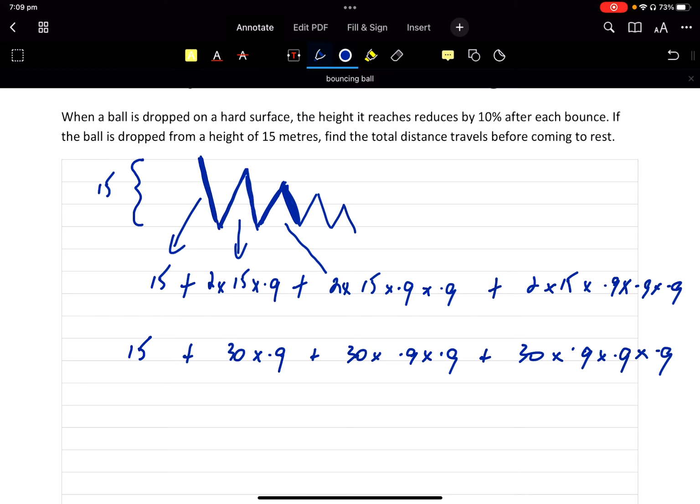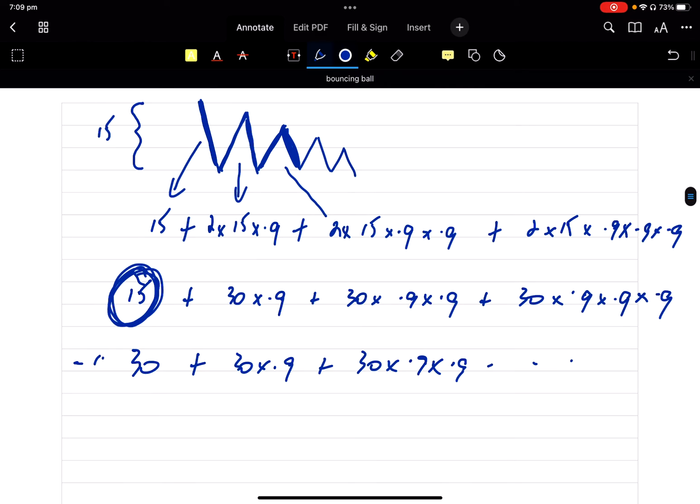Okay, so wouldn't it be nice if that was 30? So that would be A, this would be AR, this would be AR squared, etc., etc., geometric sequence pattern. So to make that the number 30, it would be 30 plus etc. I've got to take 15 off it.